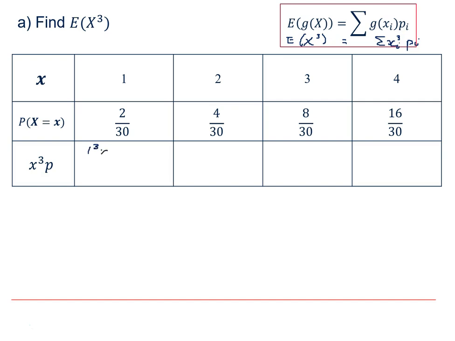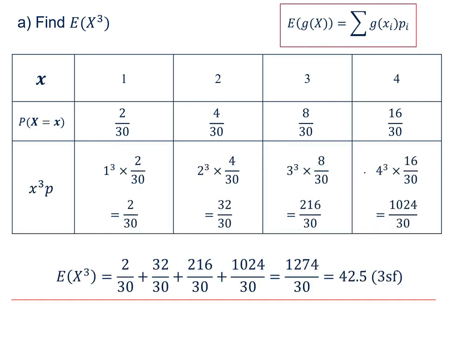So 1 cubed, which is just 1, multiplied by the probability x takes the value 1, 2 cubed, multiplied by the probability x takes the value 2, 3 cubed, and so on. And here you can see all of those values filled in for you, and the outcomes are given here at the bottom.